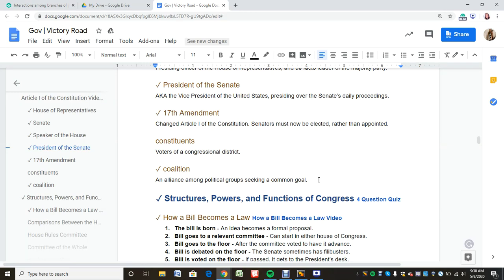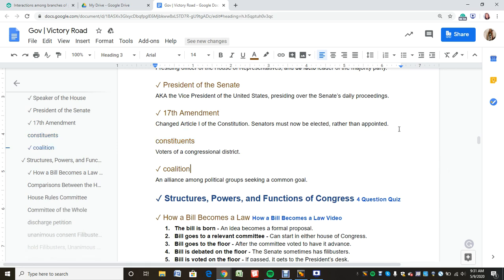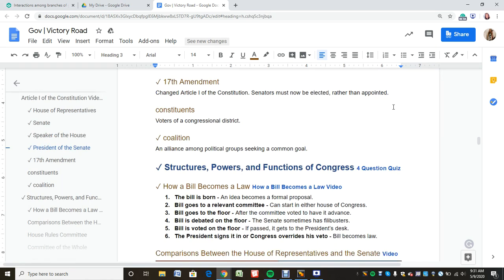Oh, and of course I keep using this fancy word. I expect that you probably know what that is by now, but if not, it's basically all of the voters, all of the people that your senator or rep is representing.